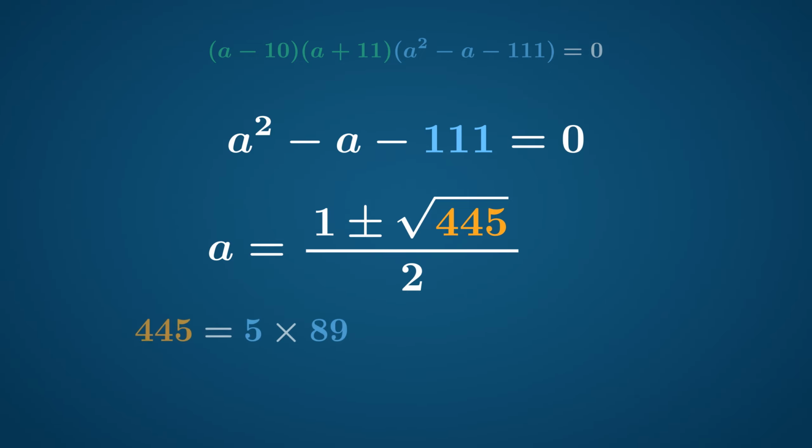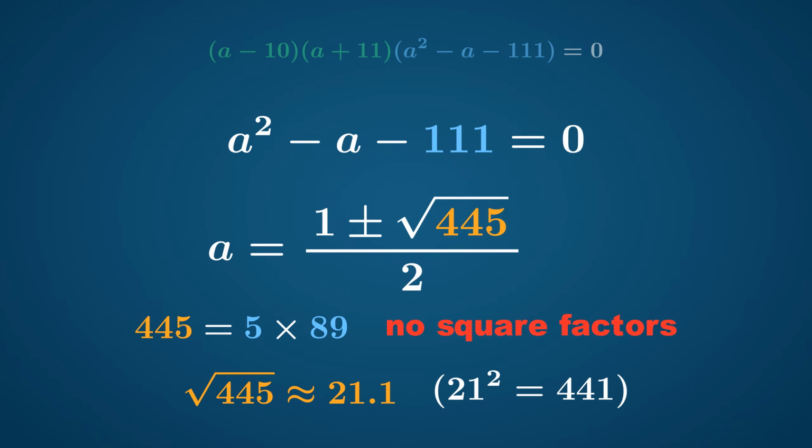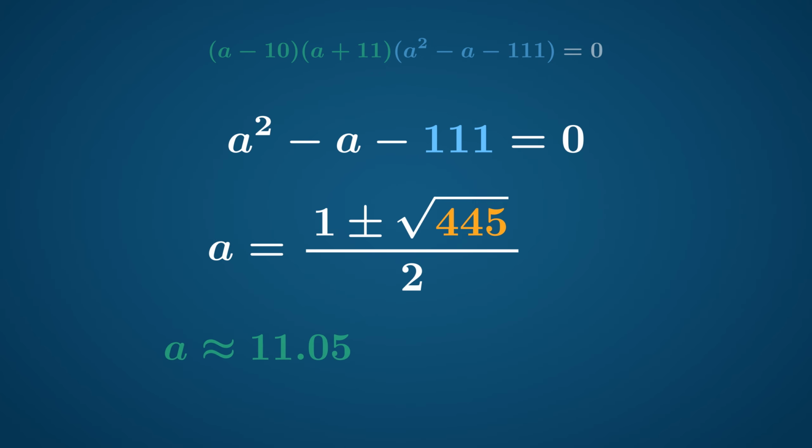Now, 445 is 5 times 89, no square factors, so the root doesn't simplify. It stays the square root of 445, which is a little over 21, since 21 squared is 441. So these two roots sit at roughly 11 and roughly negative 10.